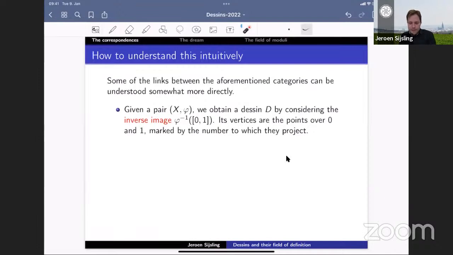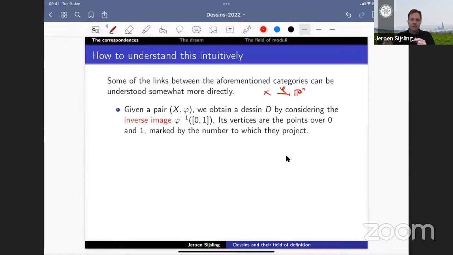But in fact, you can understand this quite intuitively because, for example, if you have a pair x, phi, so a map from x to P1, then you have a dessin in the following way. You look at the interval 0 and 1 on P1 and you take its inverse image. And that will give you a graph.